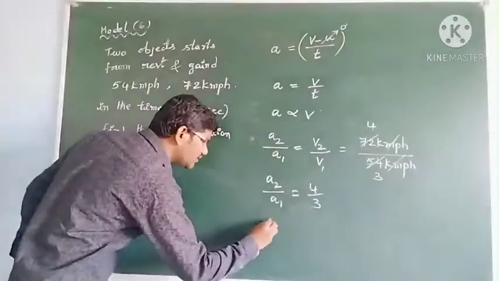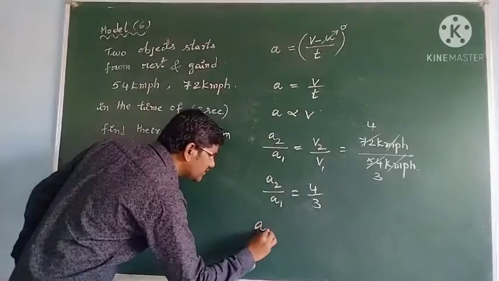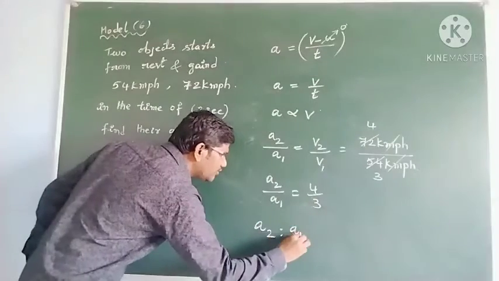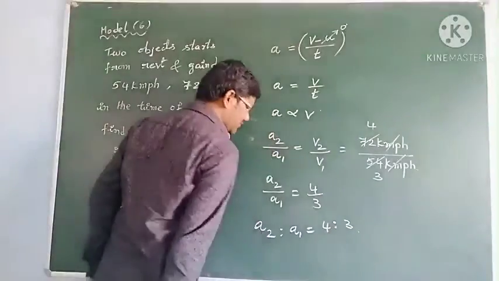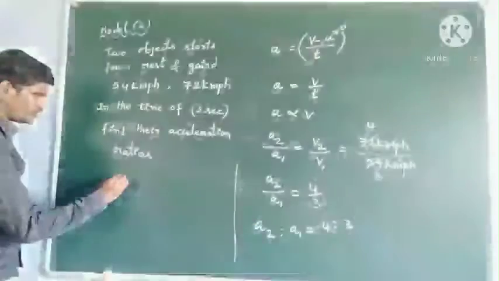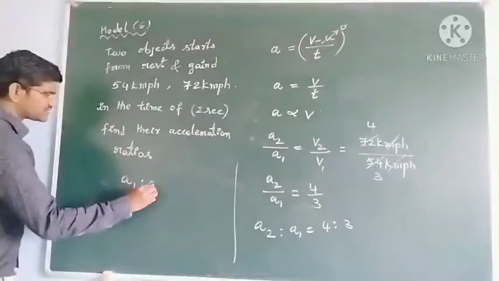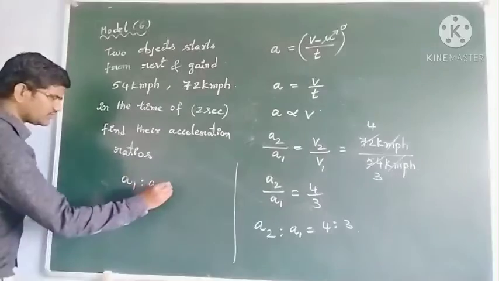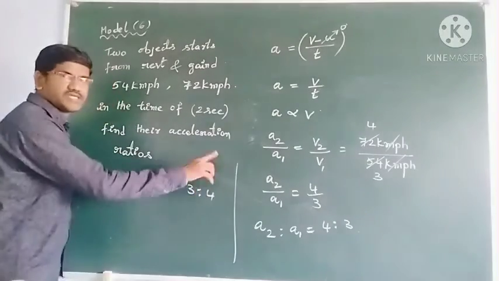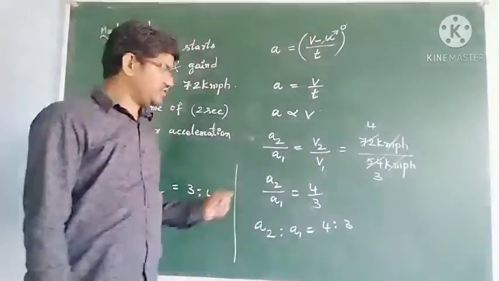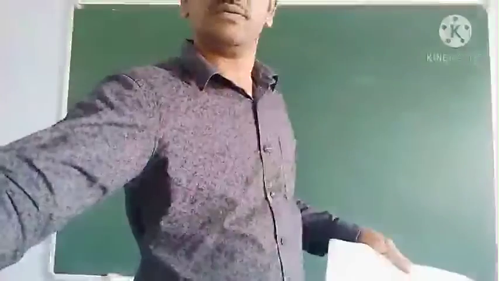So the a2 to a1 ratio is 4 is to 3. If they ask the a1 to a2 ratio, then it will become 3 is to 4. See which ratio they are asking, students.